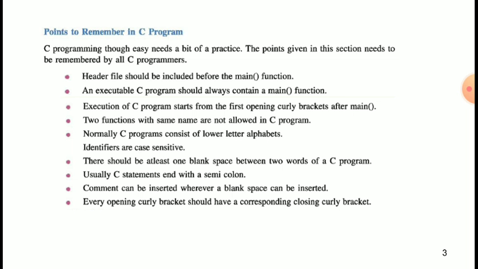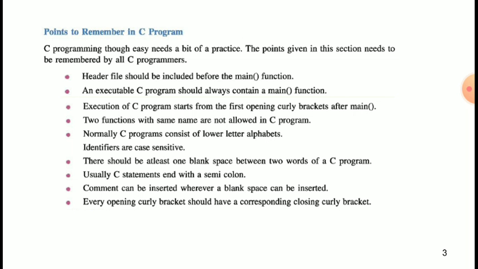Next, normally C programs consist of lowercase alphabets. Identifiers are case sensitive. Next, there should be at least one blank space between two words of a C program. Next, usually C statements end with a semicolon.